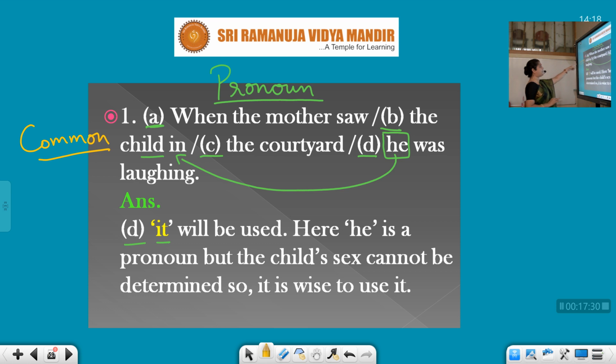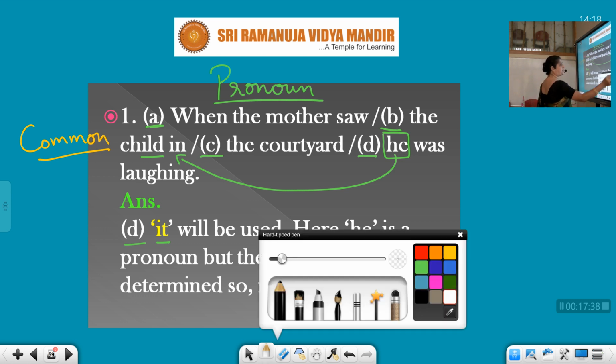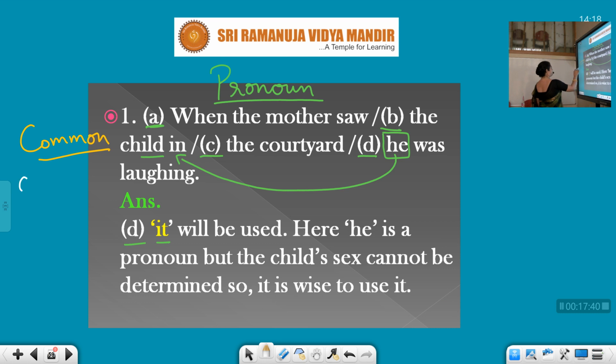Child indicates a common gender, which means can be a male, can be a female. That is the meaning here. What is the meaning of common gender? It means can be male or female. It can be a male or can be a female.